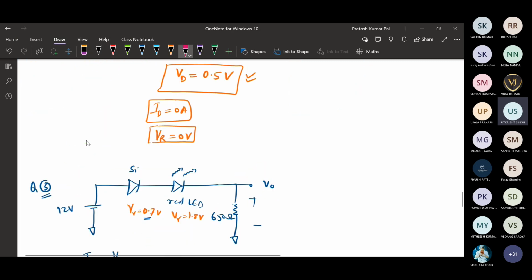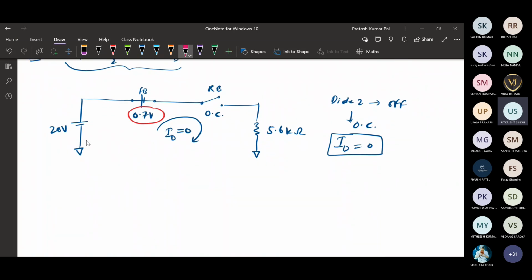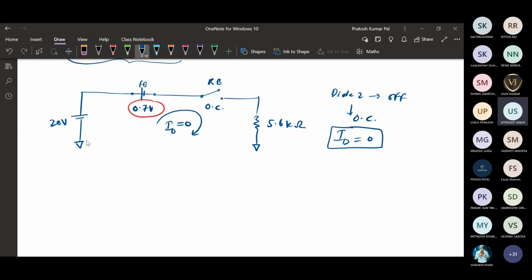But here we are saying the current flowing through this diode is 0. So when the current flowing through this diode is 0, we will not write the equivalent circuit as this. The equivalent circuit will be here like plus 20 volt, and this will be in on mode, but the voltage drop across this forward bias diode will not be equal to 0.7 volt.